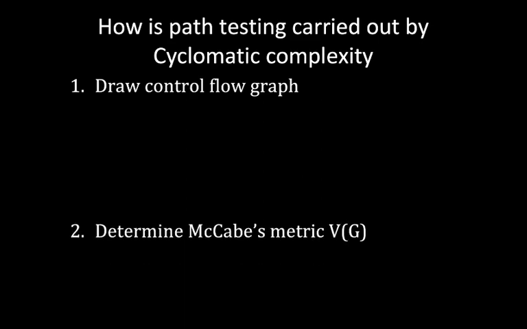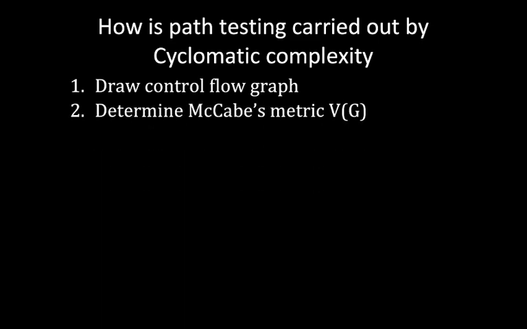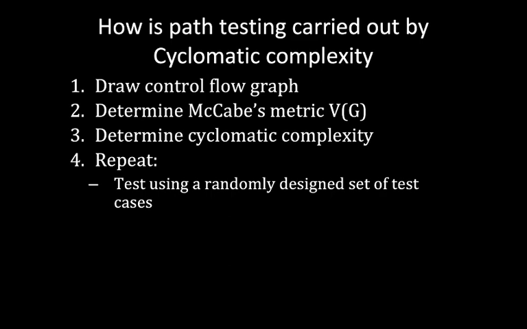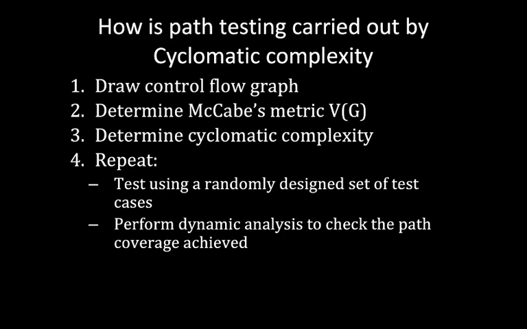How is path testing carried out by the cyclomatic algorithm? We draw the control flow graph, determine McCabe's metric, that is V of G, and determine the cyclomatic complexity. Then test using a randomly designed set of test cases such that all the paths are covered.